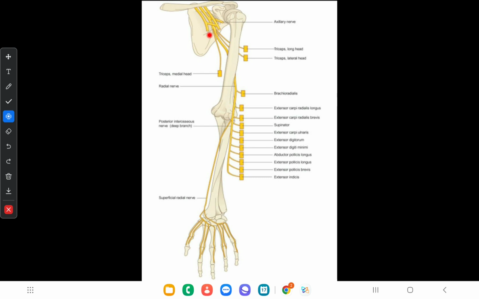There it gives off branches to the extensor digitorum muscle, extensor carpi ulnaris, extensor digiti minimi, abductor pollicis longus, extensor pollicis longus muscle, extensor pollicis brevis, extensor indicis muscle. And it terminates at the level of the wrist joint.